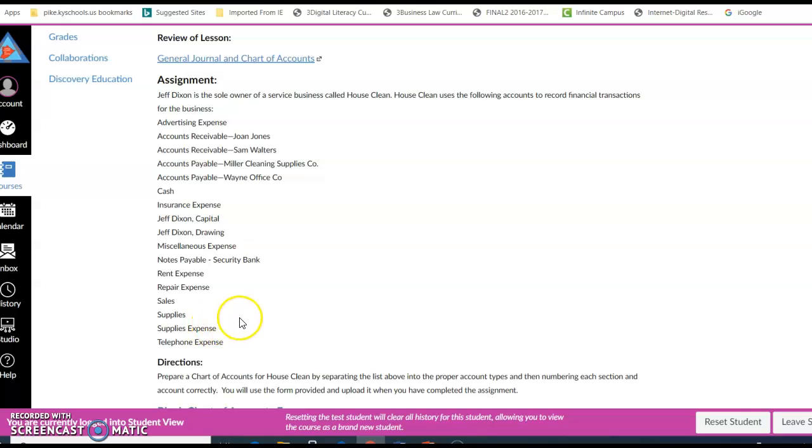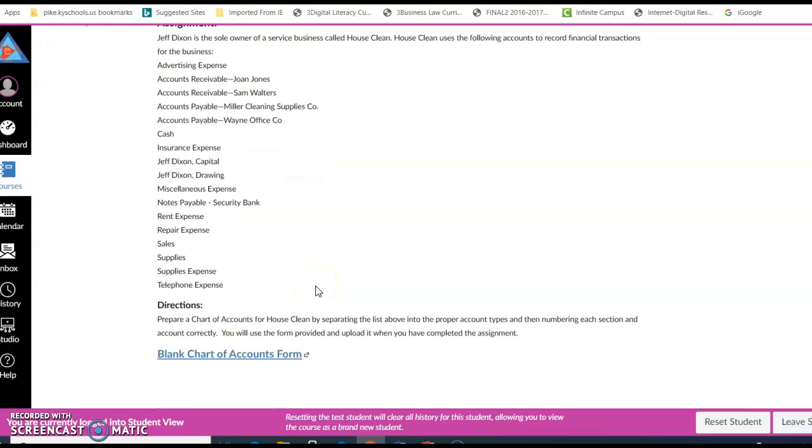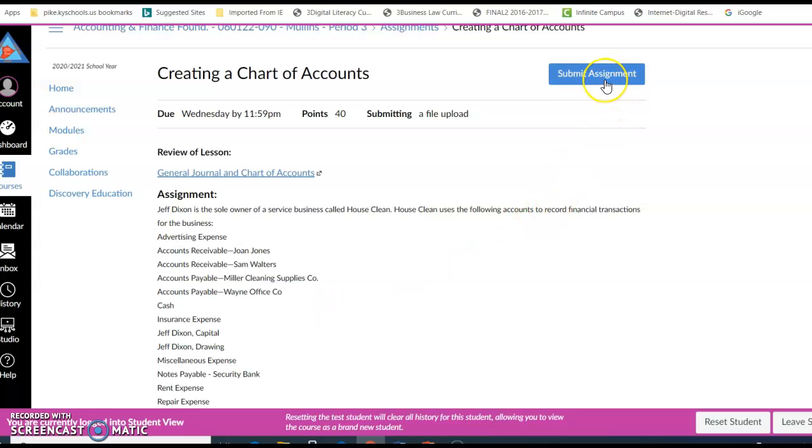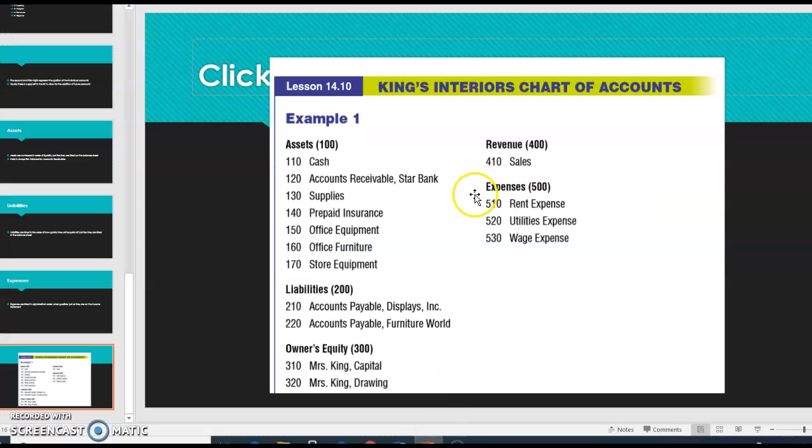And then after you do that, when you submit your assignment, you're going to upload the copy of House Clean to submit your assignment. And remember, you can always go back to your PowerPoint, to this screen, and look at this for an example. You can always use this as an example.